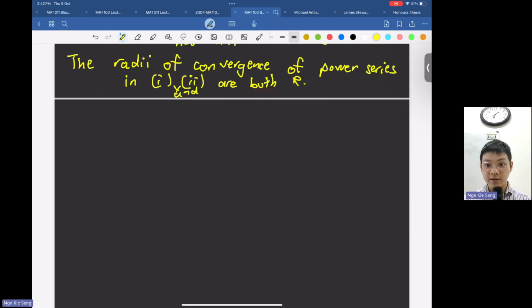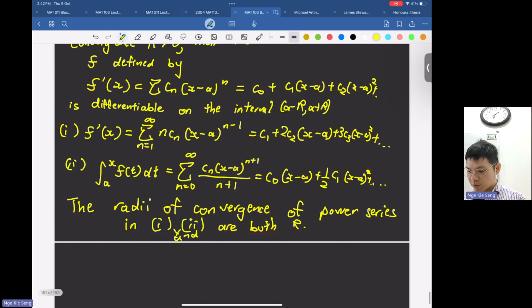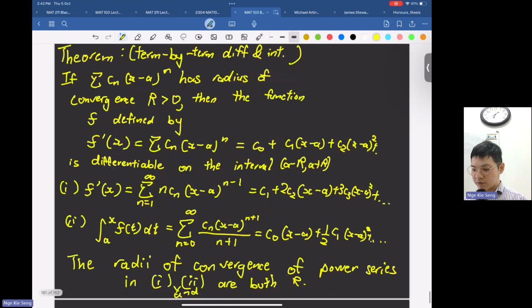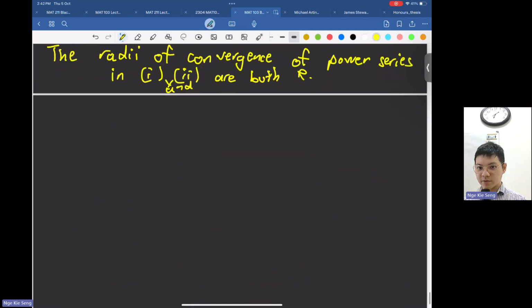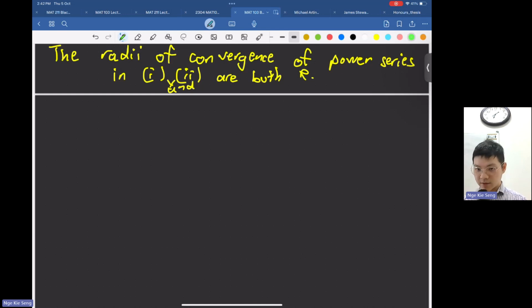Okay, let's continue. Let's try this theorem. We don't prove this theorem, so you can have a look at the textbook if you like. So let's do an example.